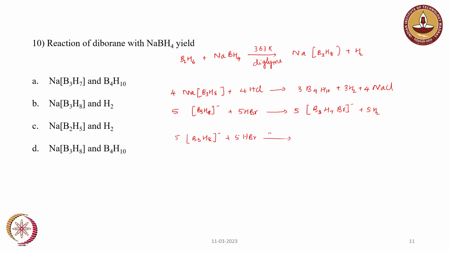At 373 Kelvin, it will give 3B5H9 and 4H2 plus 5Br minus.